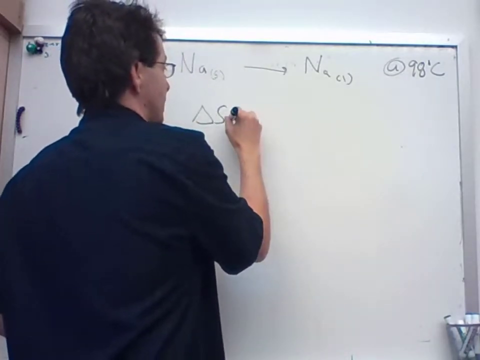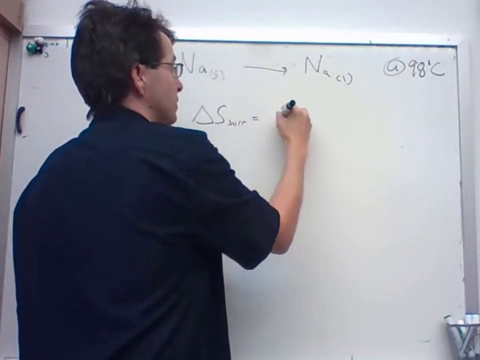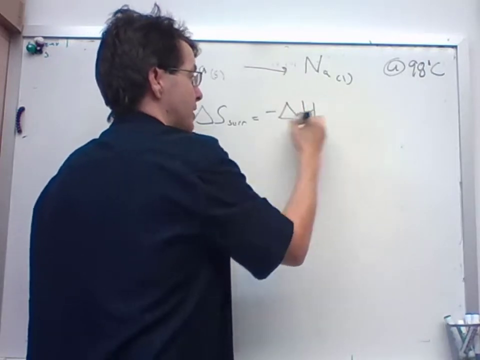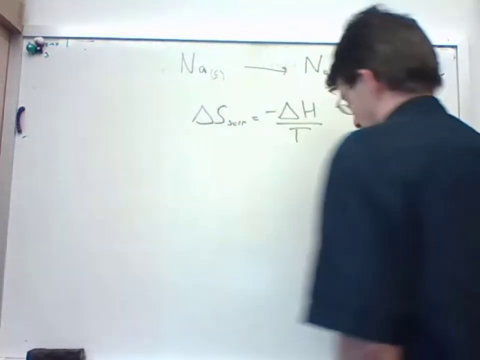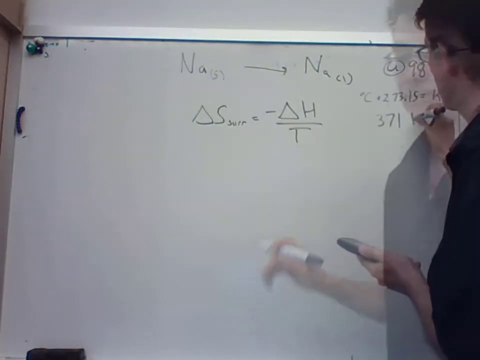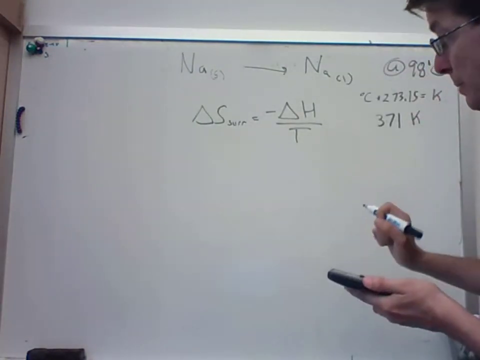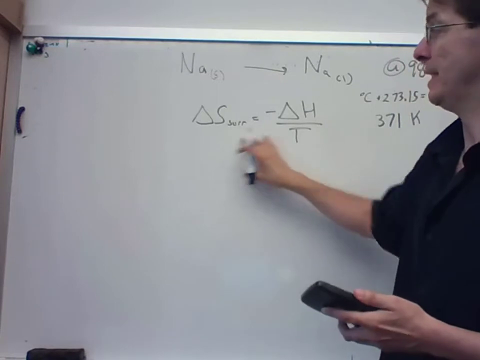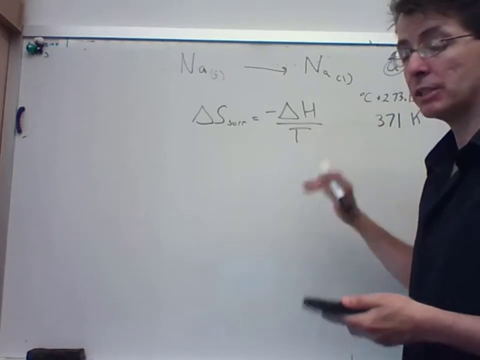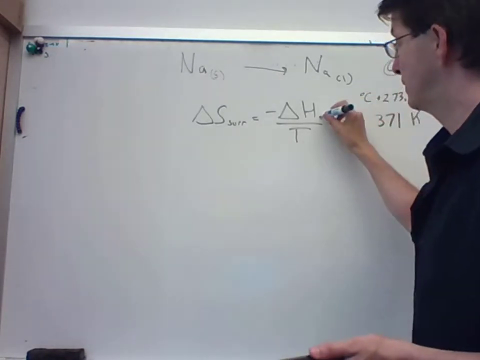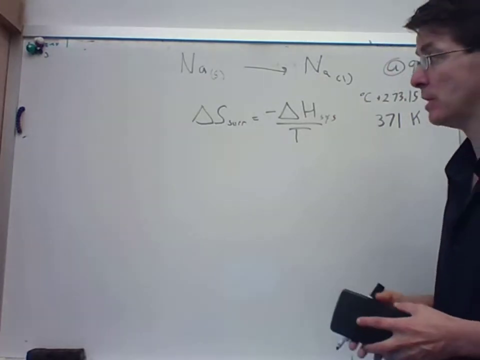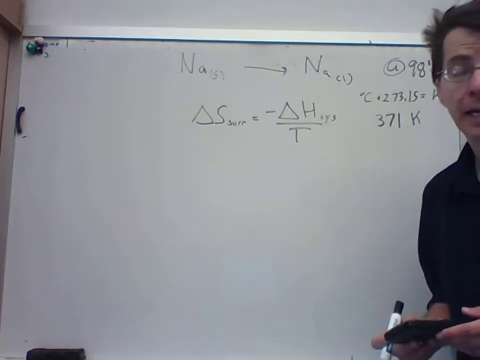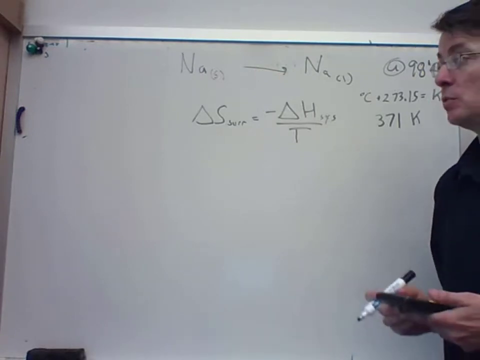Delta S of the surroundings is equal to negative delta H over T. We're using 98, so that's 371 Kelvin as our temperature. And so all we need to figure out is the delta H of the reaction, and from the delta H of the reaction, we can figure out the entropy change of the surroundings and the entropy change of the system and see if these two are spontaneous.